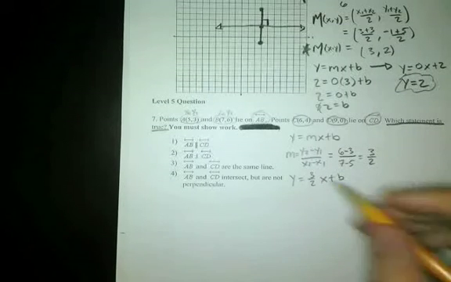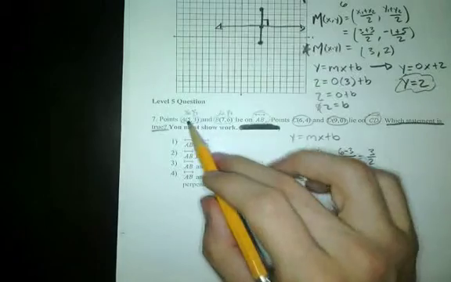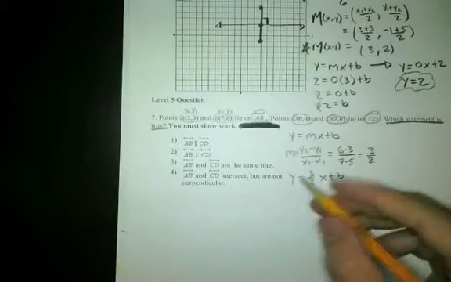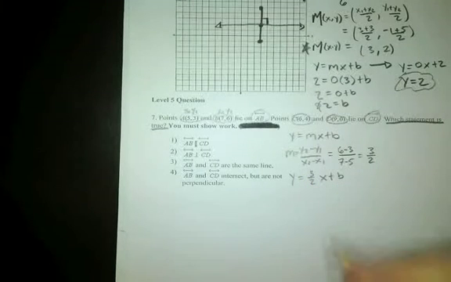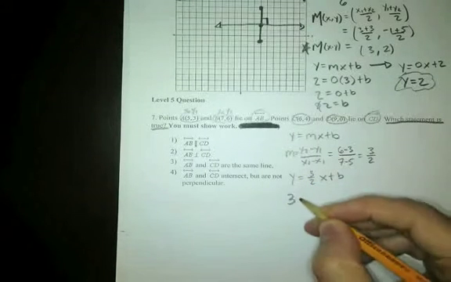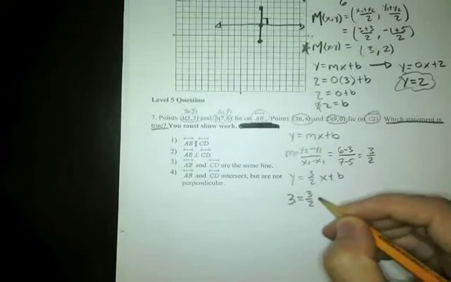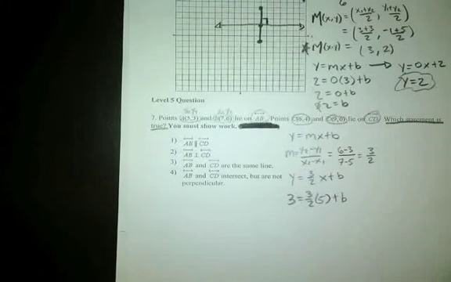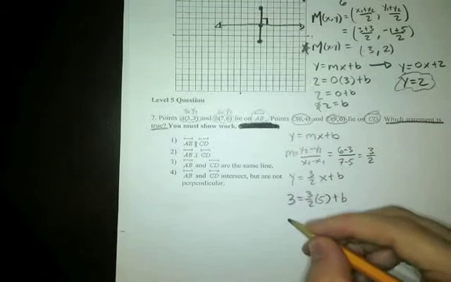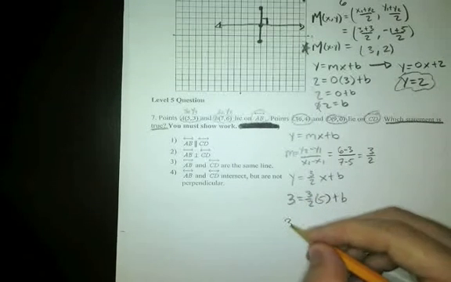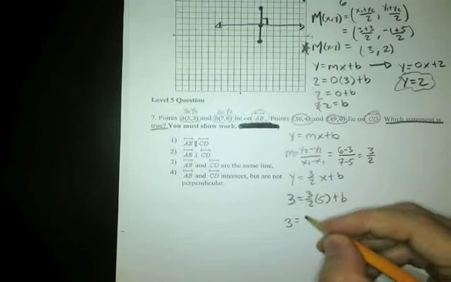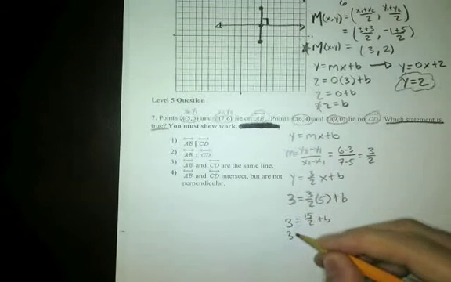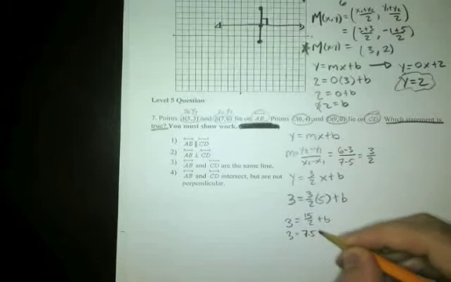In order to find b, I'm going to plug in one of these points. I'm going to choose point A to plug in. When I plug that into this equation, this gives me that 3 is equal to 3 halves times 5 plus b. I'm going to simplify this. I'm going to rewrite this as 3 is equal to 15 halves plus b, which is saying 3 is equal to 7.5 plus b.